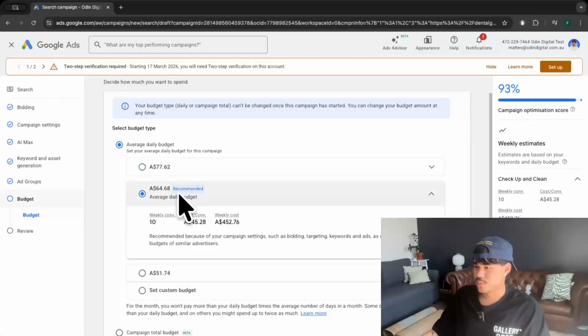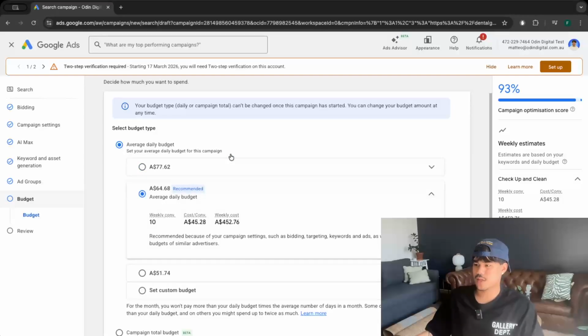But as you can see, the recommended daily budget here is just what Google thinks based on other Google accounts and search traffic and clicks and impressions and things like that. But there's no real indicator of how well your campaign will do.